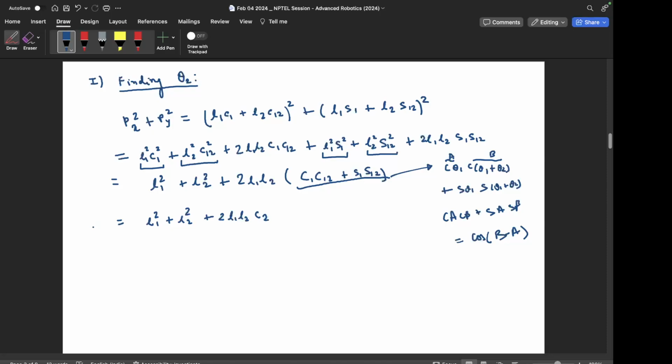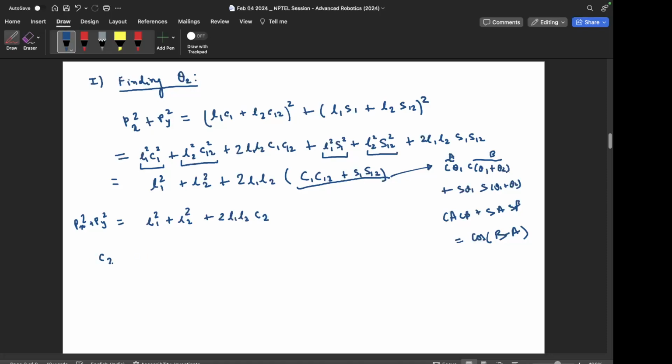Now on this side, what we had is px square plus py square, which are known quantities, and on the right hand side we have L1 L2 and C2. So we only have one unknown in this equation, cos theta 2.